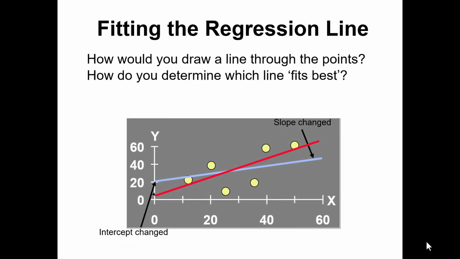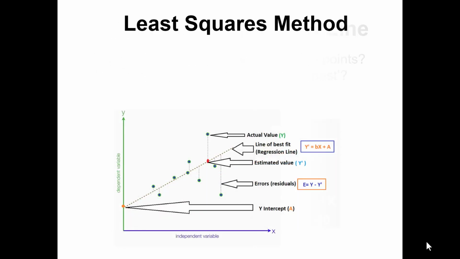Well, what you do is you use calculus basically, and calculus attempts to draw a line that minimizes the difference between our predicted values, where we basically predict all the points are going to be on that straight line, but the real data, which are in green, only one of those data points falls on that line. Some of them fall pretty close, and a couple of them fall fairly far.